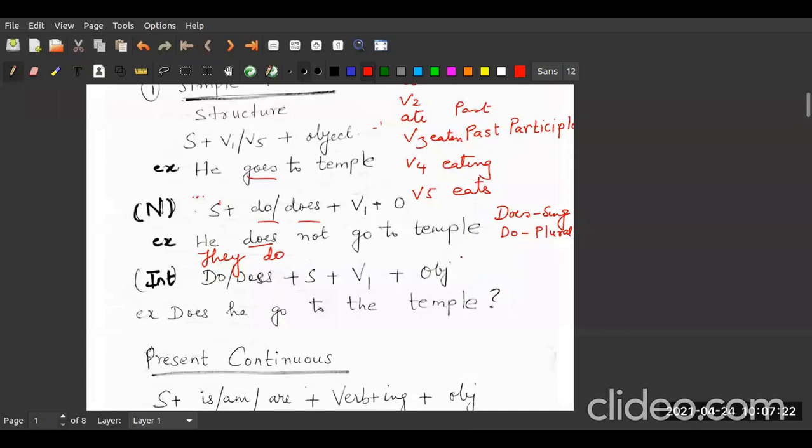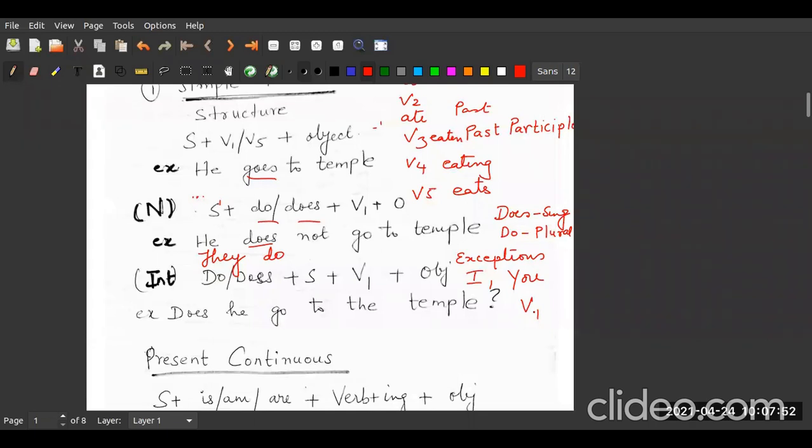And what are the exceptions? I and you. With I and you, which form of the verb do you use? V1, the verb without s. Do you say I goes to temple? Do you say I reads? No, ma'am. You say I read every day.